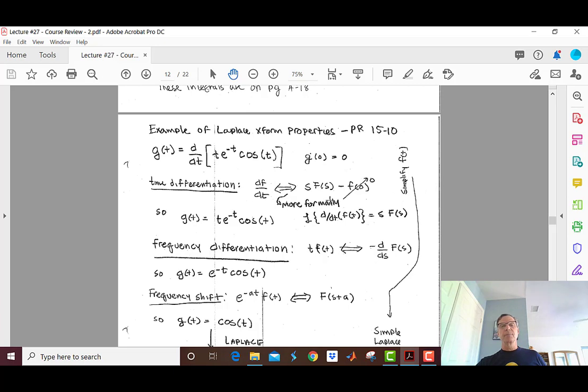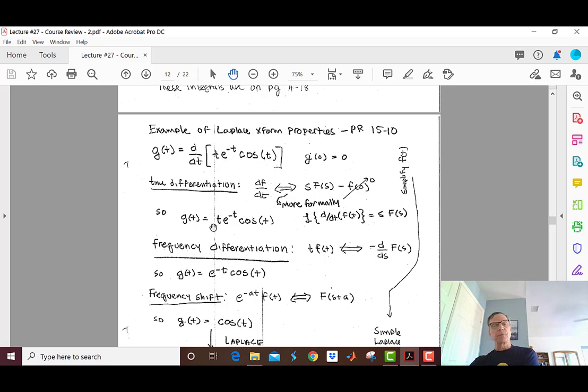That's the property. And this is where you see we had that initial condition that was 0, so it goes to 0. So more formally, we can say that the Laplace transform of the derivative with respect to time of f(t) is equal to sF(s). So what I'm going to do is say that the function that I recognize here is t e to the minus t cosine t.